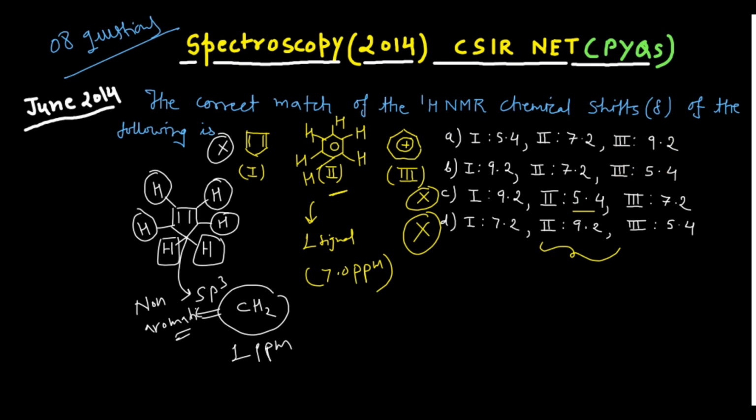Clearly you can see option A has the third compound, the tropylium carbocation, with the higher chemical shift. So it looks like option A is the correct option, and you can immediately mark option A. This is how you can solve the problem. This problem is based on aromaticity as well as knowledge of the proton NMR spectrum. Now moving to the next problem.